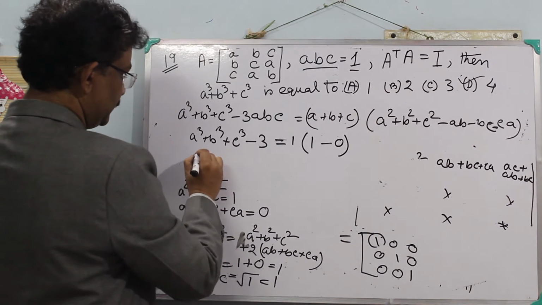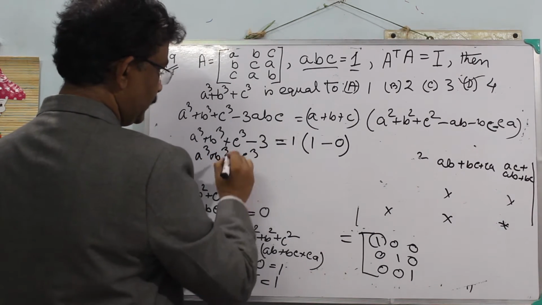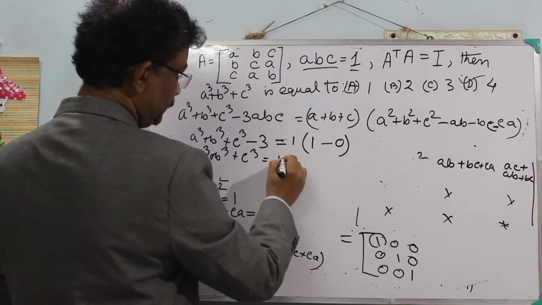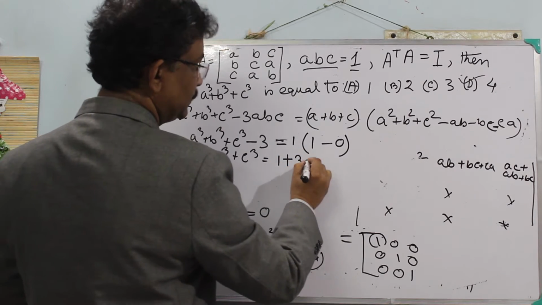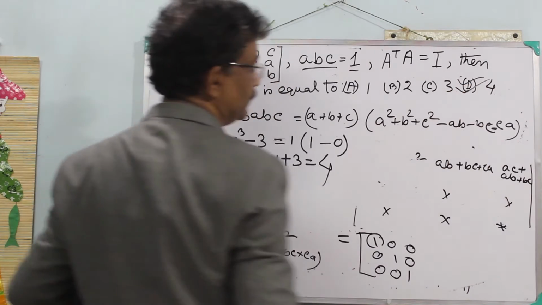So ultimately a cube plus b cube plus c cube equals 1 plus 3 equals 4. So the correct answer is D. Clear?